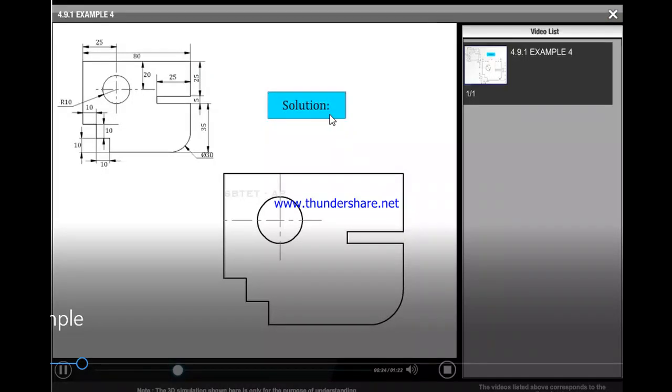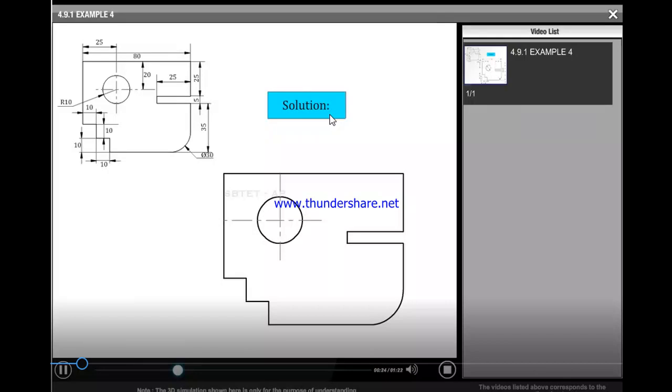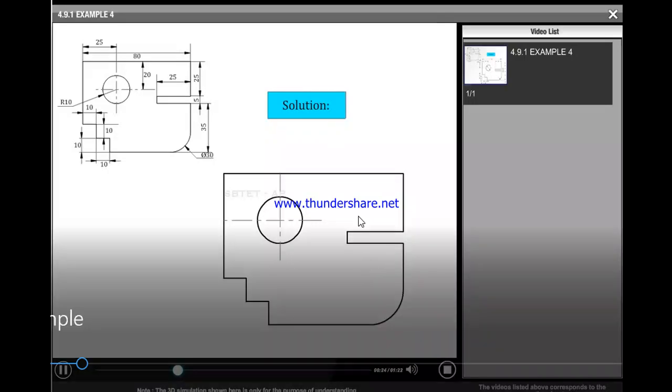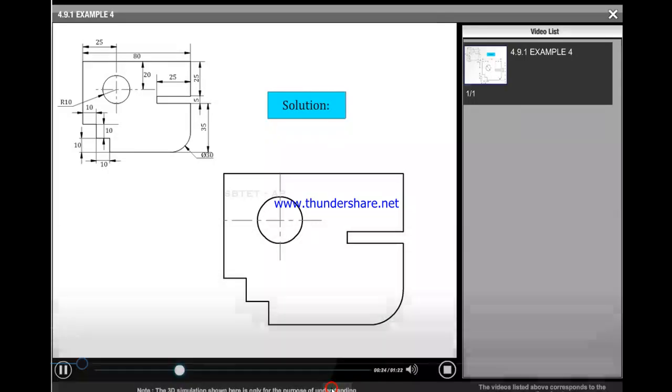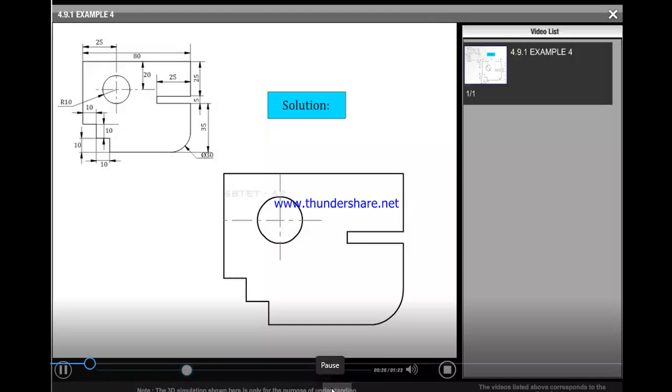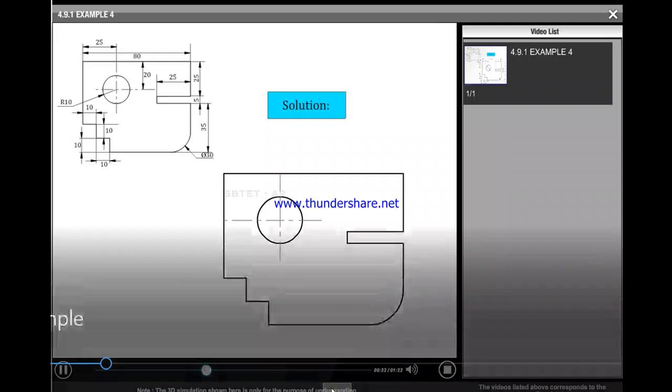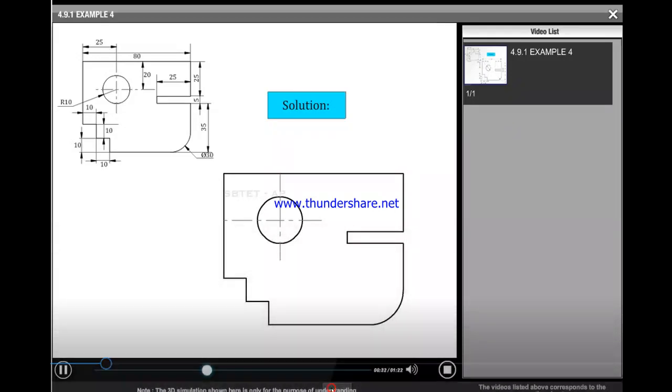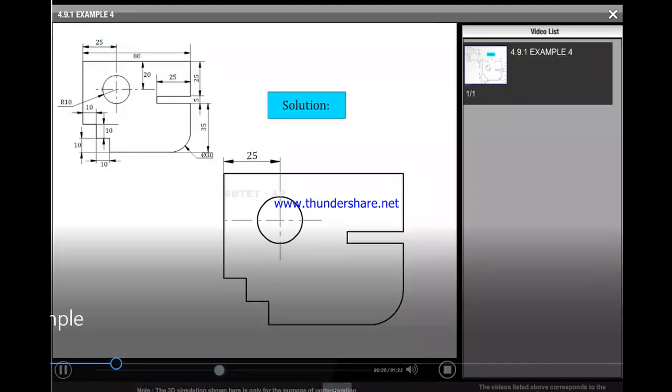In unidirectional dimensioning, first you have to draw the figure as it is. Whether it is vertical, horizontal, or inclined, the dimension would be represented horizontally.